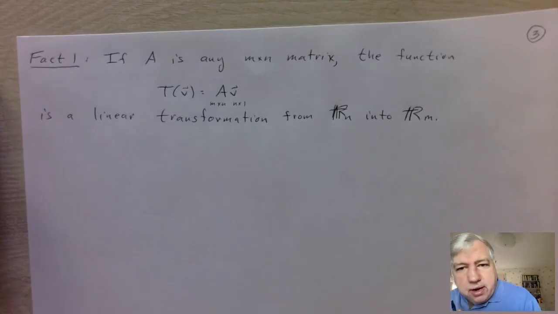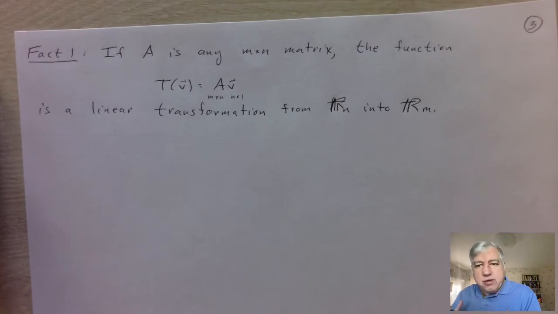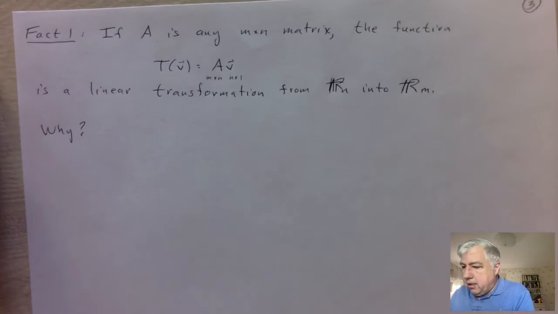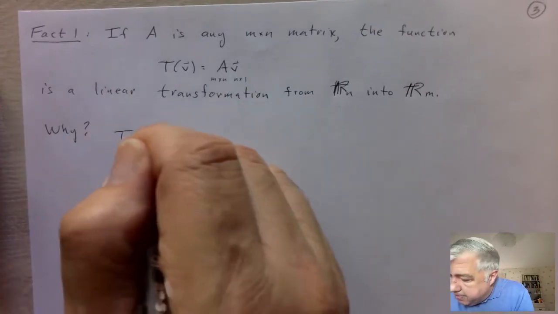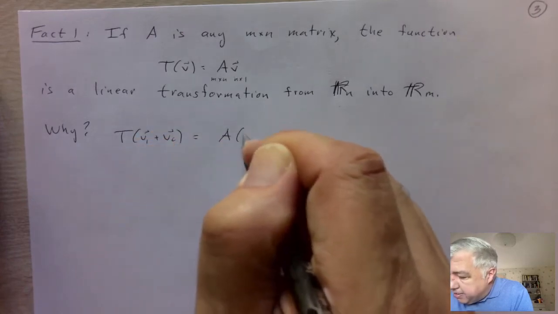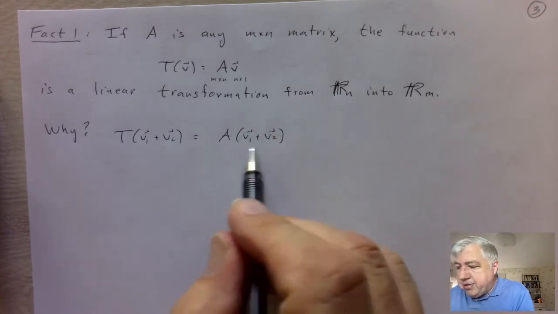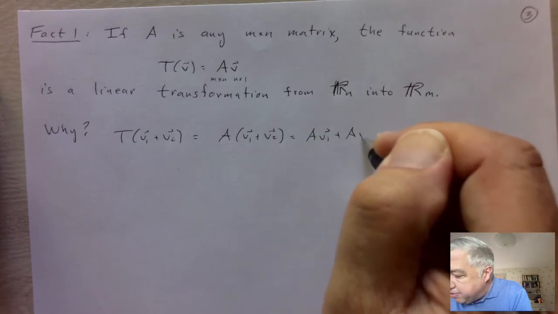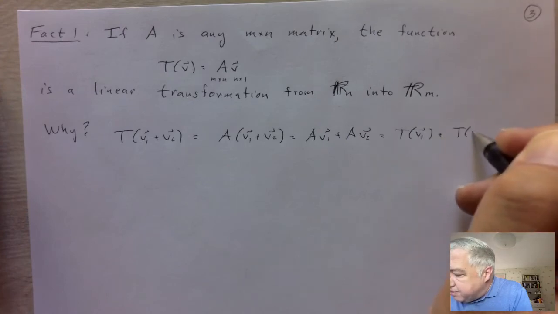This is not very hard to show. It's basically properties of matrices that we already know. Why is this true? Well, T of V1 plus V2 is going to be A times V1 plus V2 by definition, and then by the distributive law for matrices, we get AV1 plus AV2, and this is T of V1 plus T of V2.